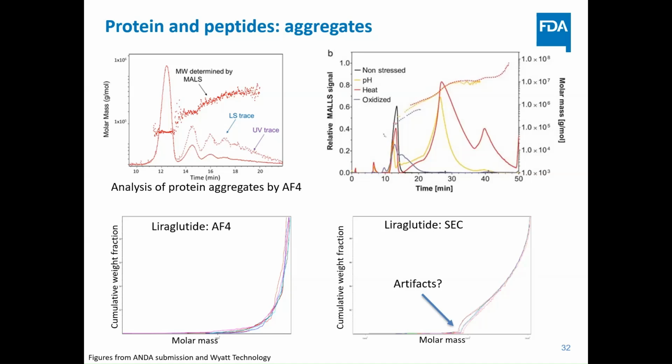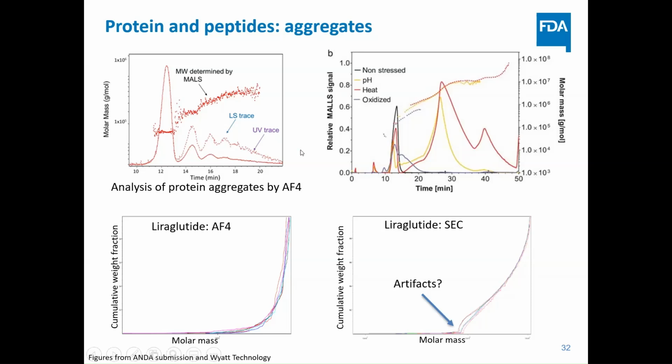We know that high molecular weight aggregate is a big issue in protein and peptide drugs. They may have some immunogenicity problem. So knowing the amount of the high molecular weight aggregate is very important. And AF4 is very good at measuring large aggregates.